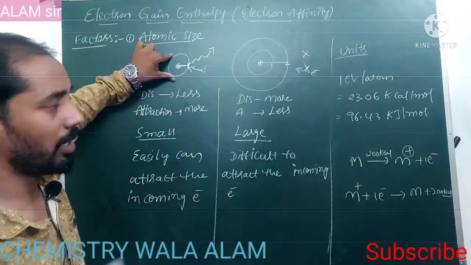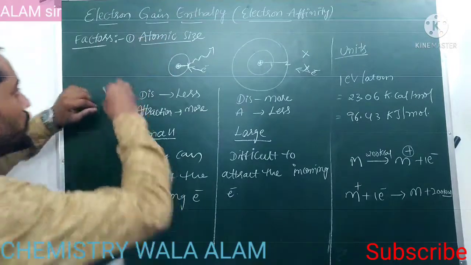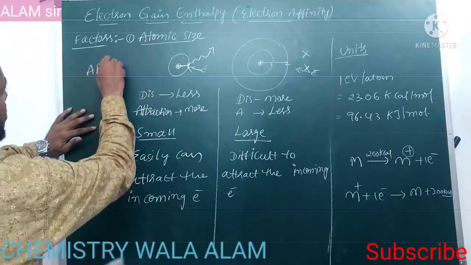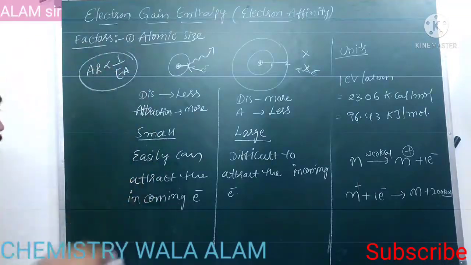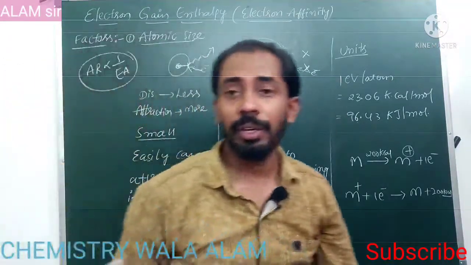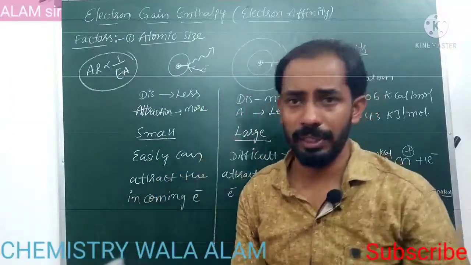Atomic size is small, electron affinity is more, which means atomic radius is inversely proportional to electron affinity.